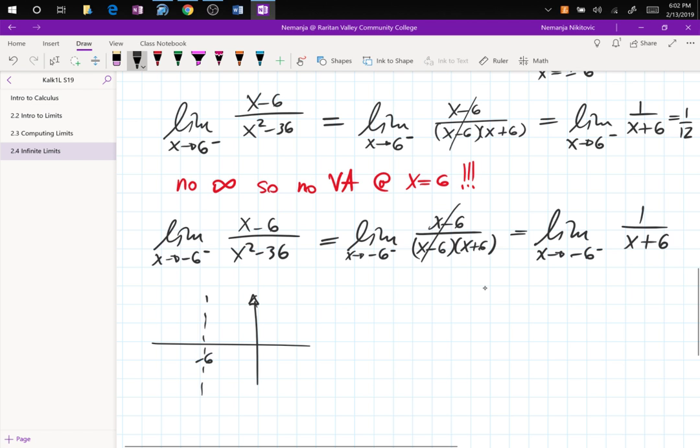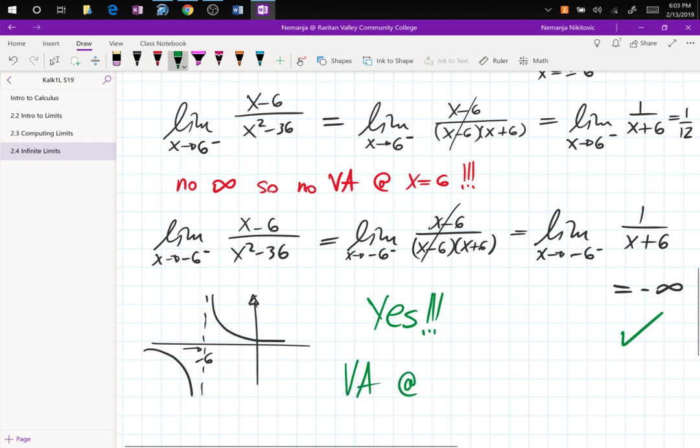And you draw your 1 over x function. As you are approaching from the left, this is going to be equal to negative infinity. And yes, there it is. So, vertical asymptote at x equals negative 6.